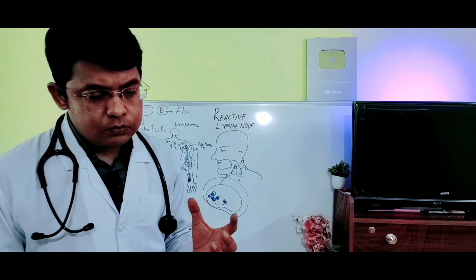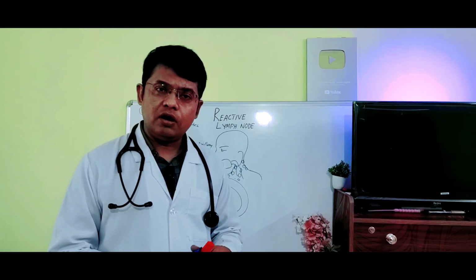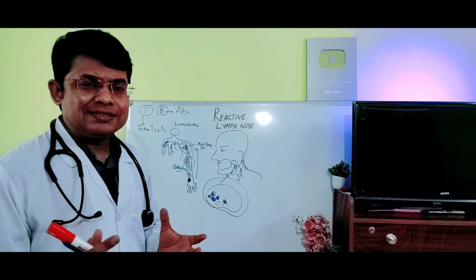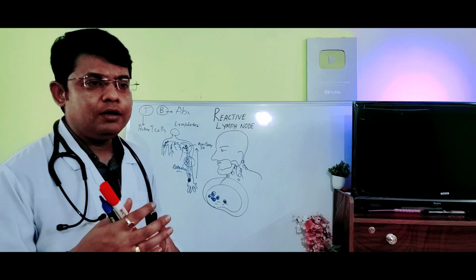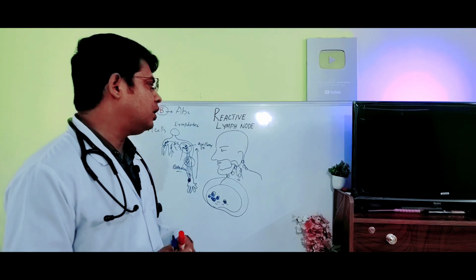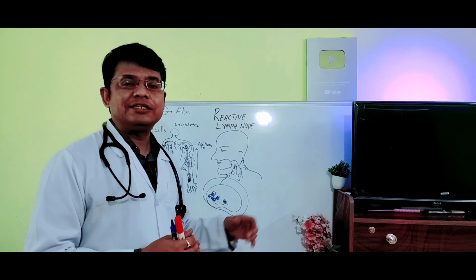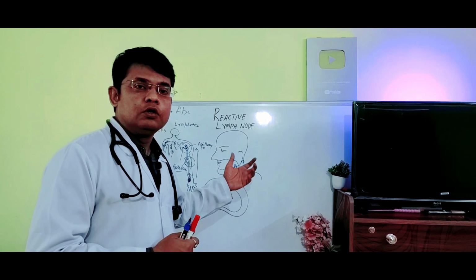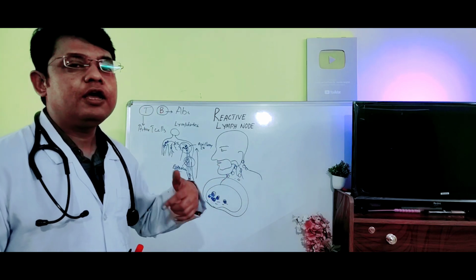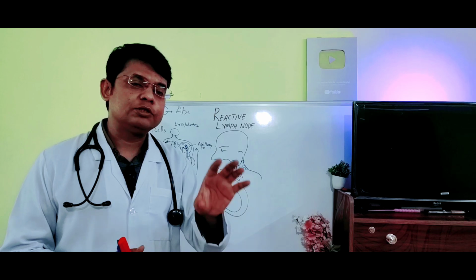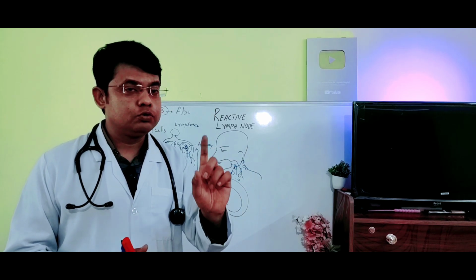Okay, now how to treat this condition? So we understand the process of reactive lymph node formation. So that is the key behind building any treatment protocol. So we have to treat the primary cause to get rid of these lymph nodes. If there is an infection in the upper aerodigestive tract, we have to give some specific antibiotics to control them.